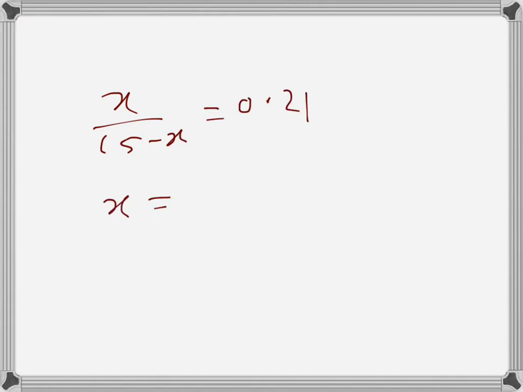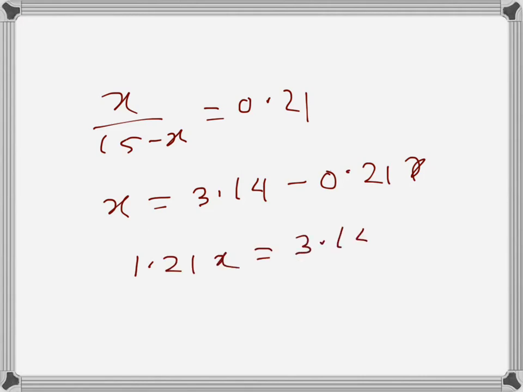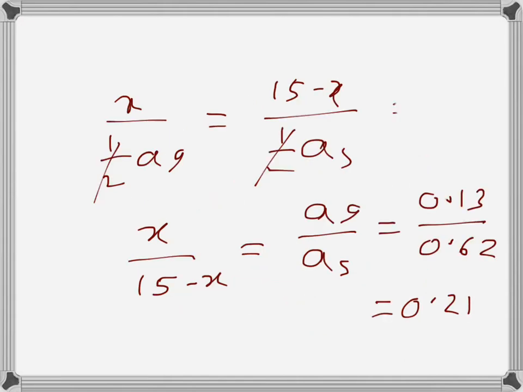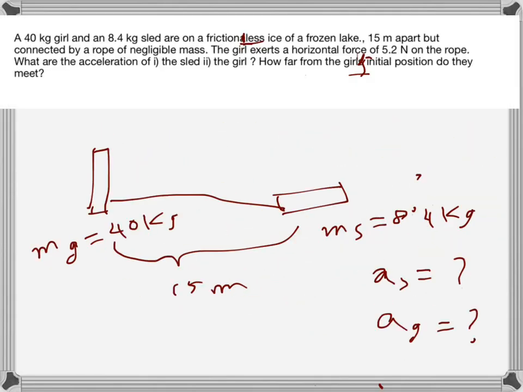So x is equal to 3.14 minus 0.21x. It's becoming 1.21x equals 3.14. So x is 2.6 meter. So 2.6 meter away from the girl they will meet. So the girl will go 2.6 meters and the sled will go 15 minus 2.6 meters, whatever that is.